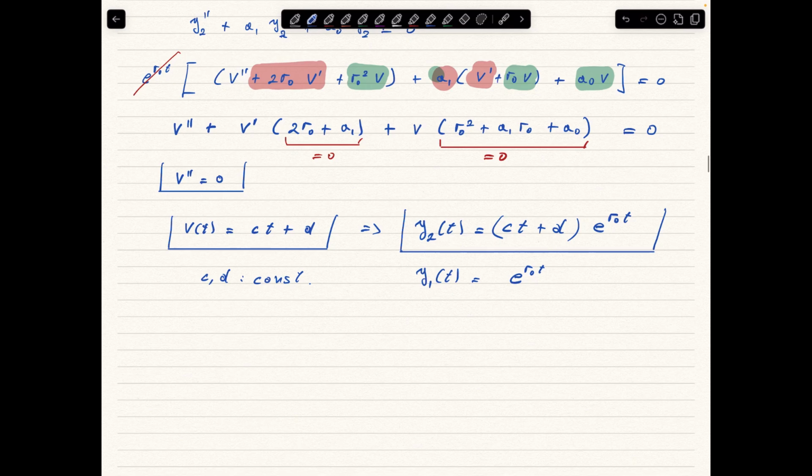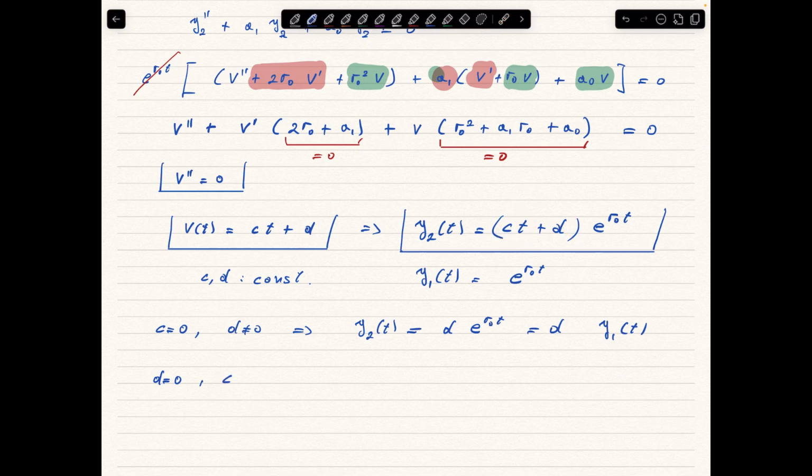For example, what happens if we choose c equals 0 and d different from 0? Well, then y2 is going to be just d times the exponential. So it's going to be proportional to the first solution. We are not interested in those solutions. So we are interested in choosing d equals 0, because this is the part of y2 that is proportional to y1. We don't care about that. We care about the other part.